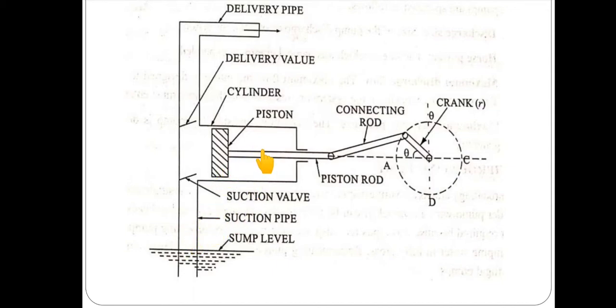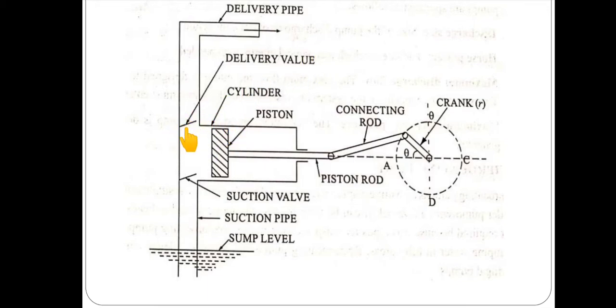Next, the piston starts moving from right hand to left hand. It pushes the water already collected in the cylinder. Now this valve will close and the delivery valve will open. When the piston moves from here to here, water is pushed to the delivery pipe and on to the final destination through the delivery valve.